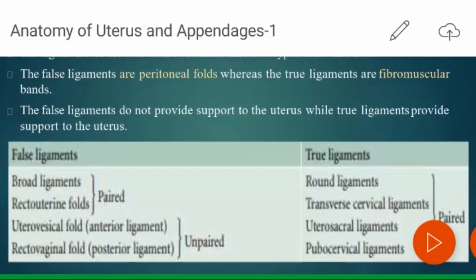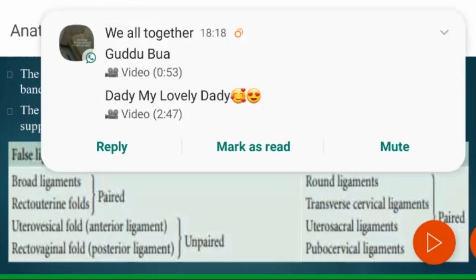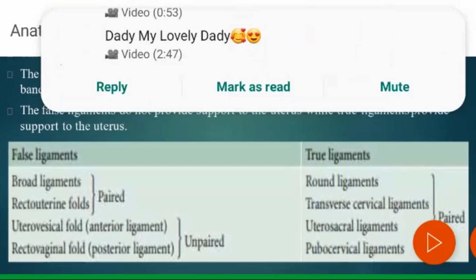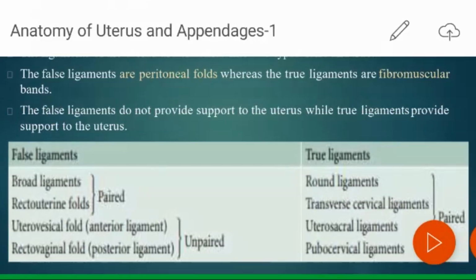On the anterior side of the uterus is the urinary bladder, and the fold between the uterus and bladder is the uterovesical fold, and the fold between the uterus and rectum posteriorly is the rectovaginal fold, and these are unpaired. The broad ligament and recto-uterine folds are paired.